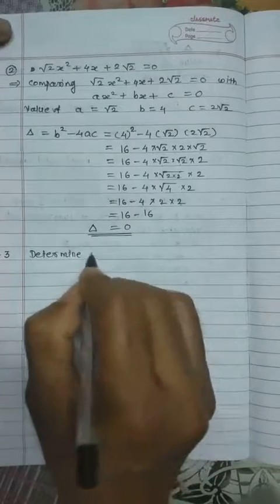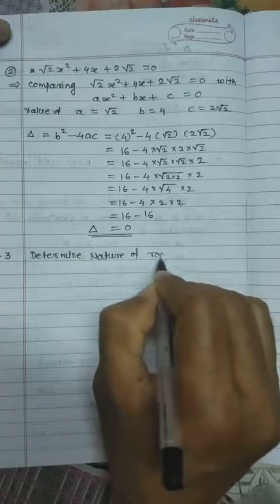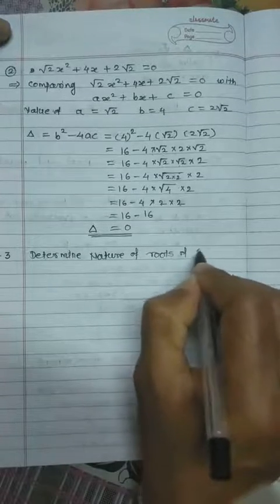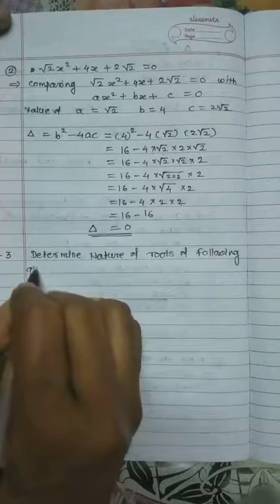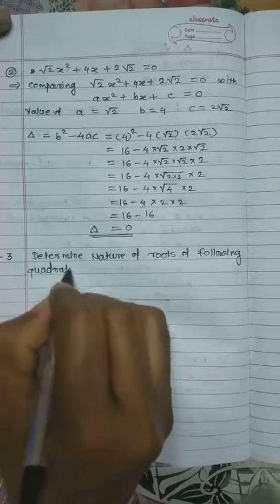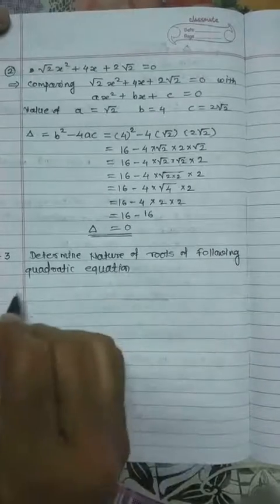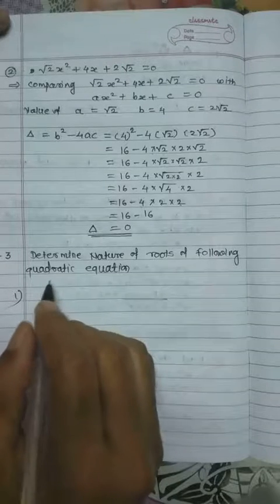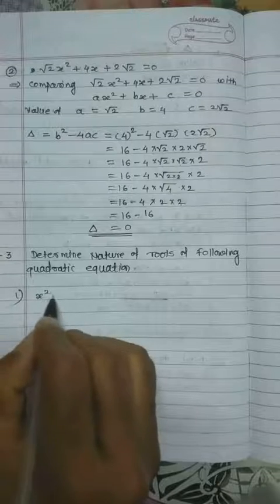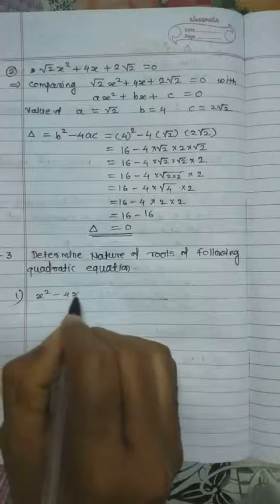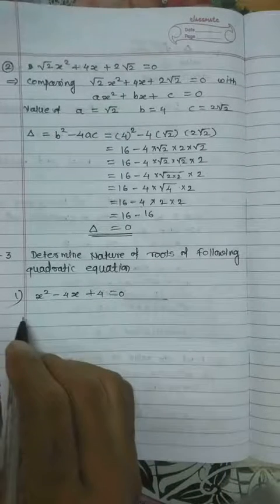Example number 1: x square minus 4x plus 4 is equal to 0.